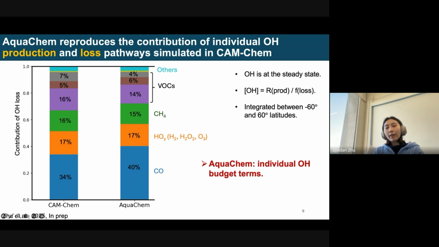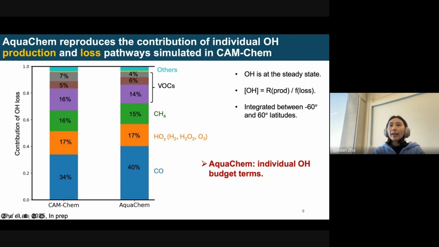So to sum up, we find that this AquaChem will serve as a very simplified but rapid tool to assess the changes of the individual OH budget terms, and in other words, help us to gain this process-level understanding of the OH chemistry.